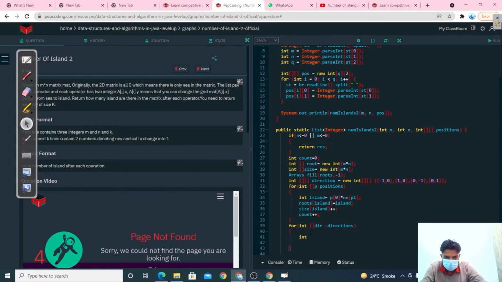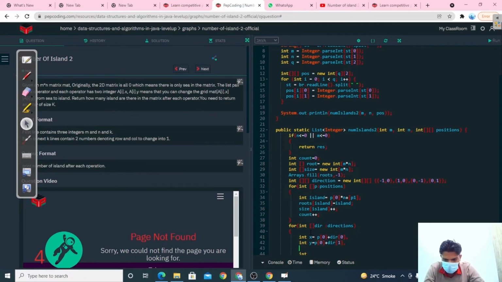After that, in Iceland, we check our first int x equal to p0 plus dir 0, comma int y equal to p0 plus dir 1.